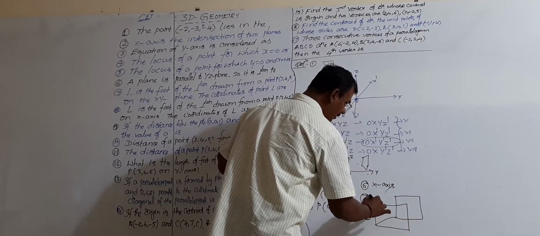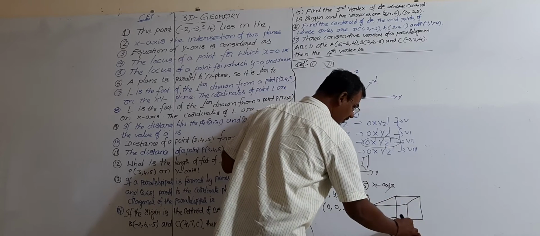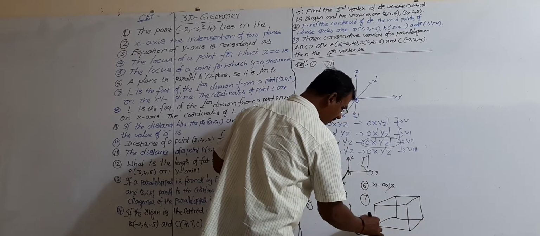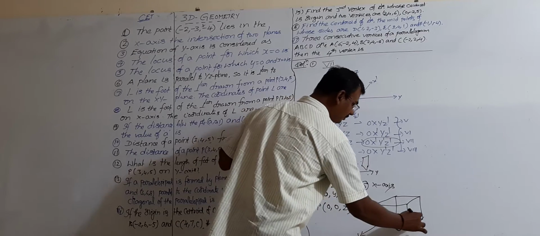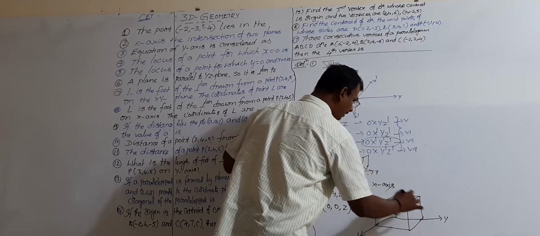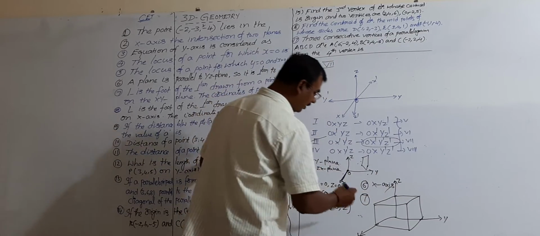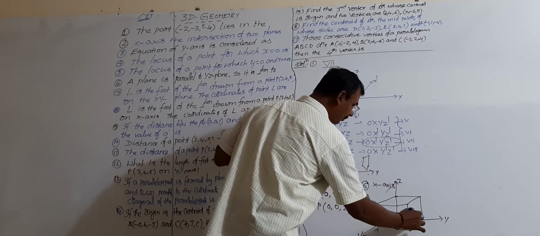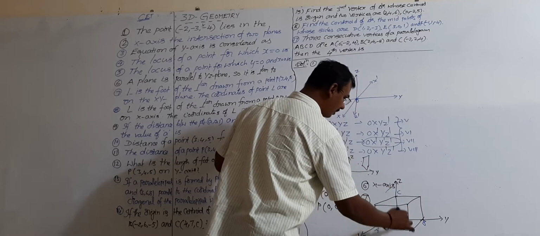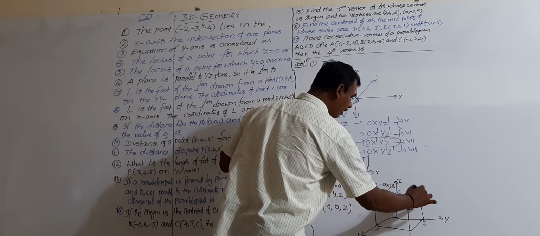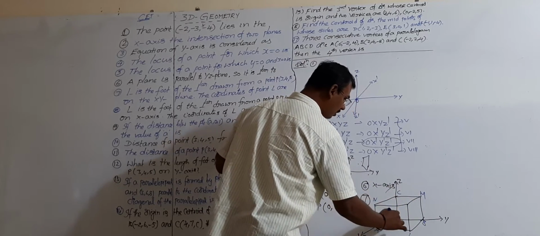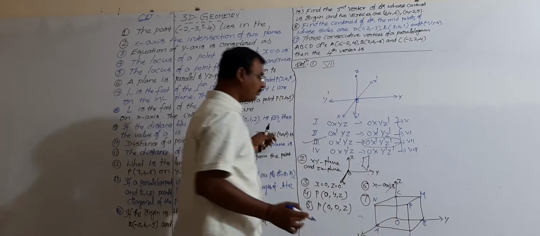Join the edges, and we get the Cartesian system: x-axis, y-axis, z-axis. Now mark the points A, B, C, L, M, N, O, P.